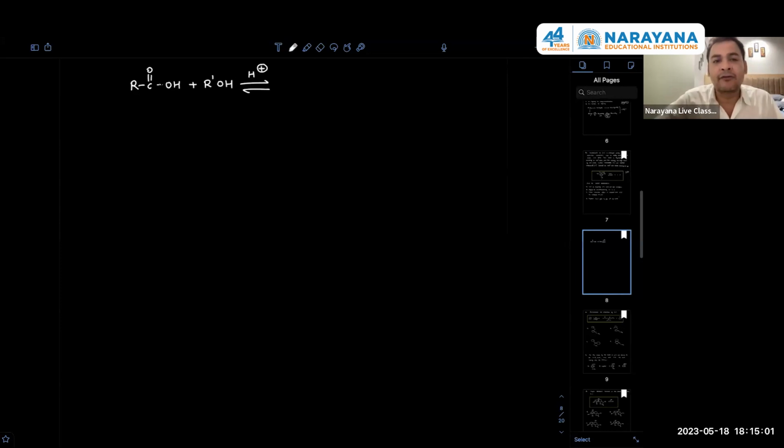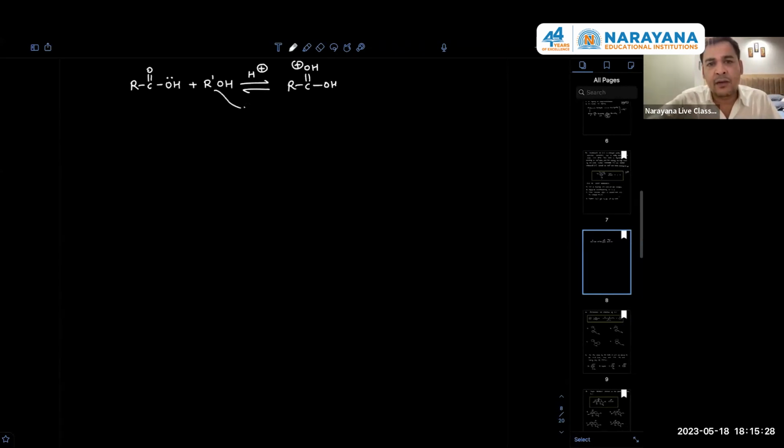First, usually we protonate the double bonded O. We can protonate any of the oxygens, but because of the lone pair resonance of the single bond O, the double bonded O has more electron density. So usually we protonate the double bond O, but it doesn't mean we can't protonate the single bond O. We can do protonation there also.